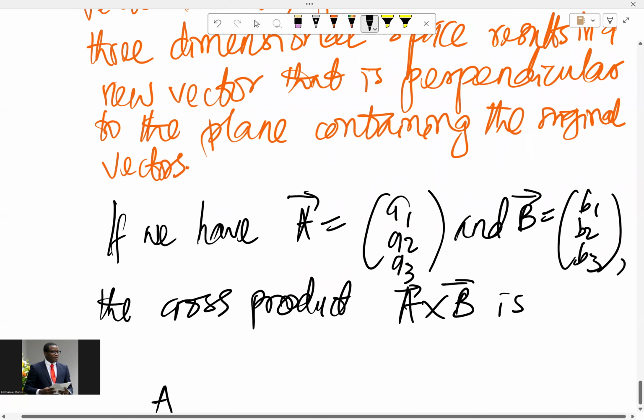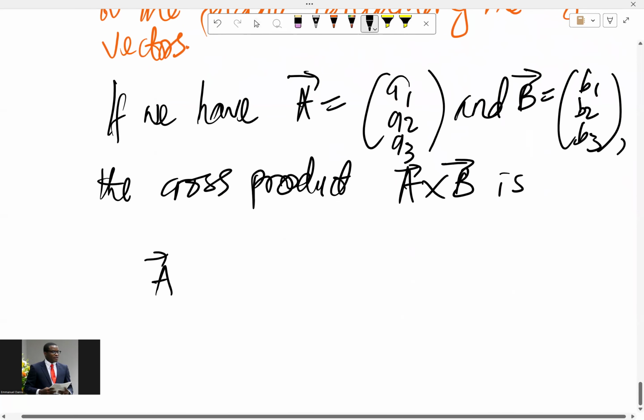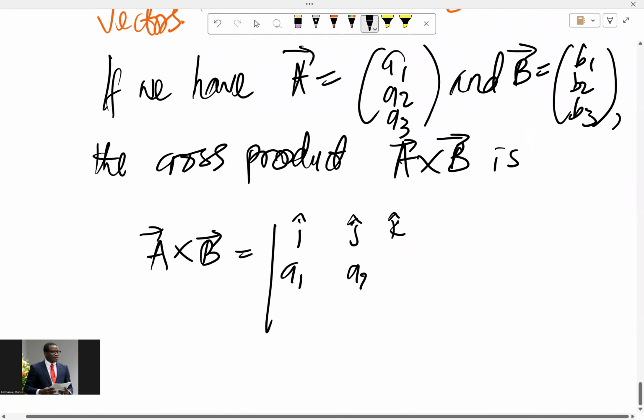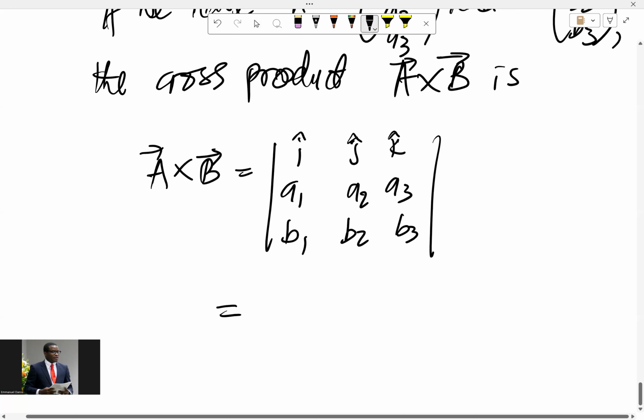I shouldn't ever forget them because we're dealing with vectors. So A cross B is equal to a matrix. Thankfully, I've treated matrices. I, J, K, I've told you before, are the unit vectors. So it is the determinant of the unit vectors I, J, K, and A1, A2, A3, B1, B2, and B3. And if we expand the determinant, see what we get.